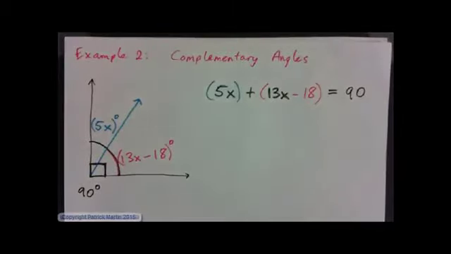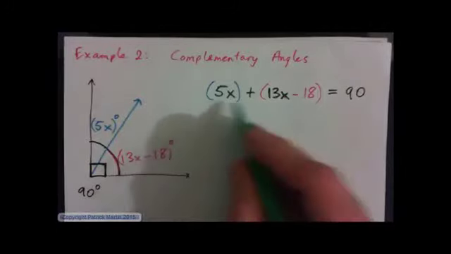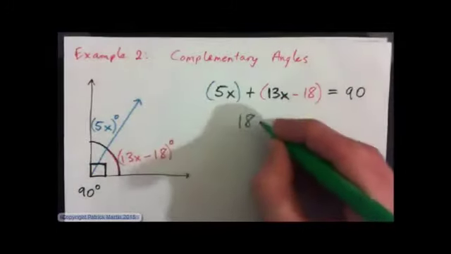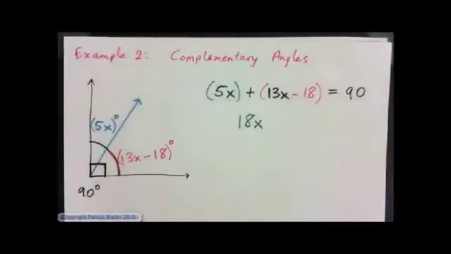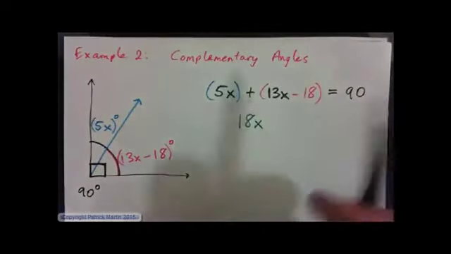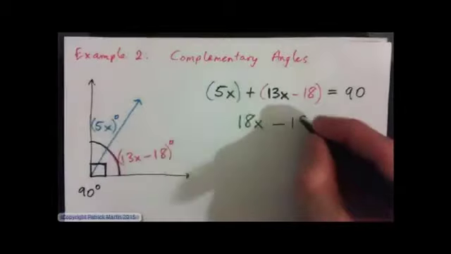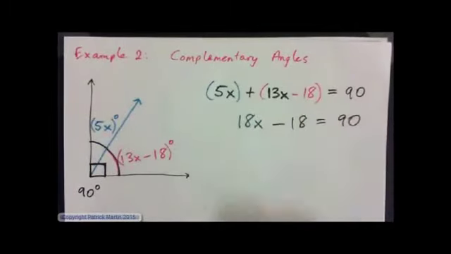If we add those together, 5 and 13, 18, we get 18x. And we have a number, minus 18. Minus 18 equals 90.